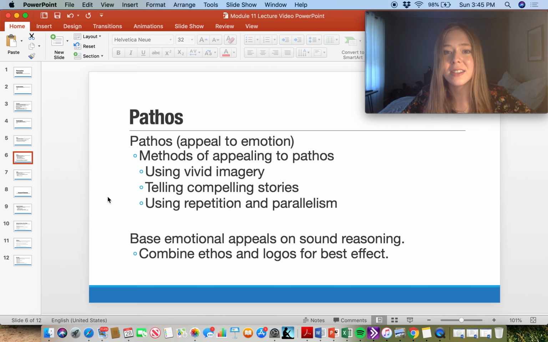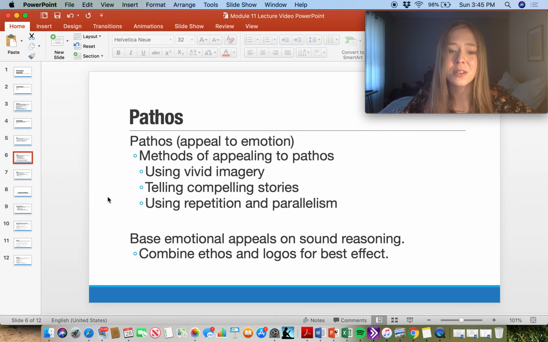A lot of you did this in your informative speeches of news articles. You told us about images that were being used to convey pathos and to appeal to the audience's sense of emotion. People are persuaded all the time based on emotion because they, again, feel passionate about something due to their emotional response to seeing something or hearing something.